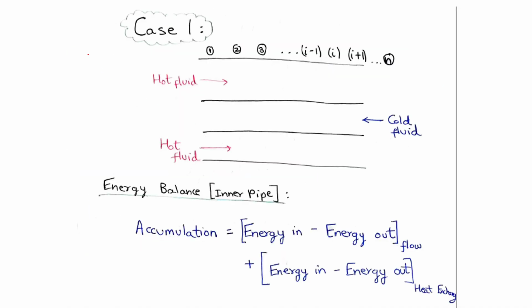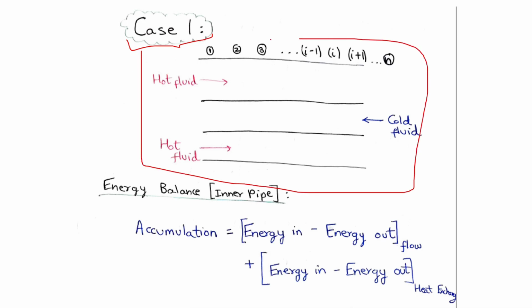If we remember, case number one is the counter current configuration, and we'll take a look at that right now. Here we have the figure of the double pipe heat exchanger. Step number one will be to divide the length of the heat exchanger into several nodes.